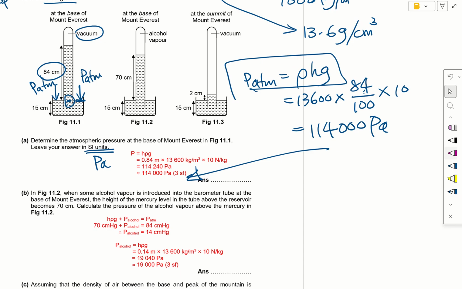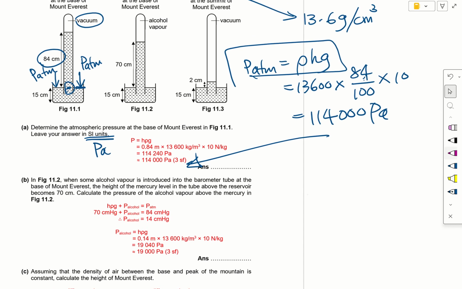Now in figure 11.2, some alcohol vapor is introduced into the barometer tube at the base. So the height of the mercury level in the tube above the reservoir becomes 70 cm. Calculate the pressure of the alcohol vapor above the mercury in 11.2. That means some alcohol vapor managed to sneak in. So instead of vacuum, like in figure 11.1, now we have alcohol vapor acting above the liquid.